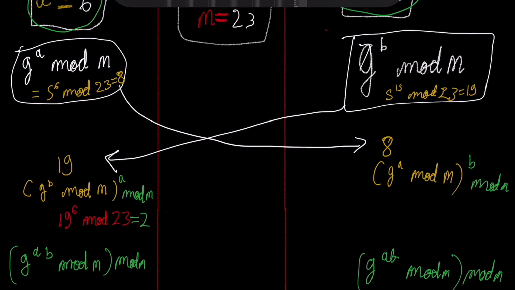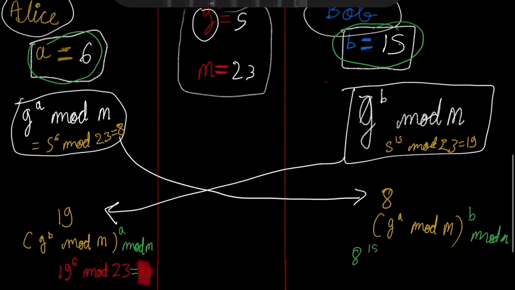Let's highlight it, and let's see what this turns out to be. 8 to the power 15 mod 23.